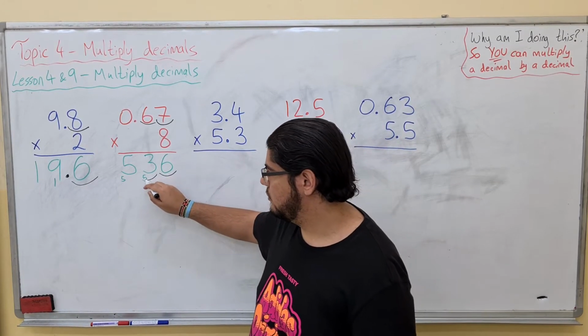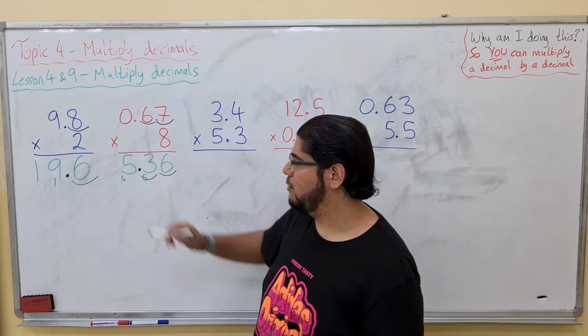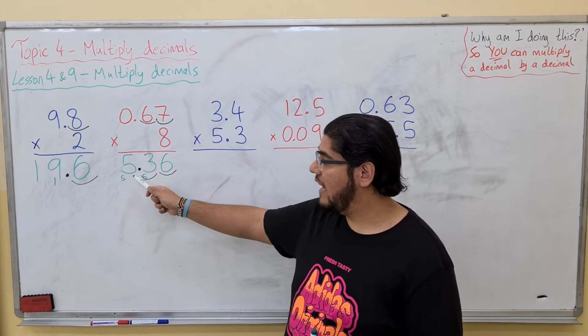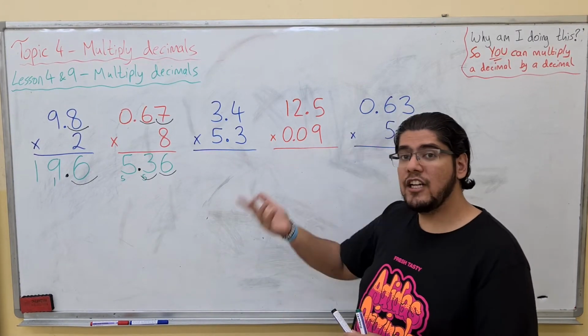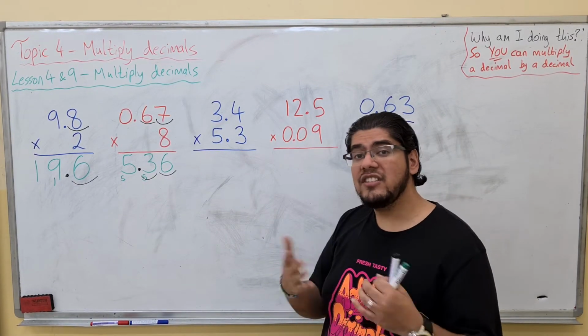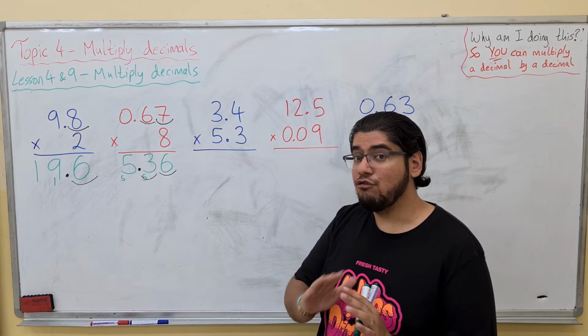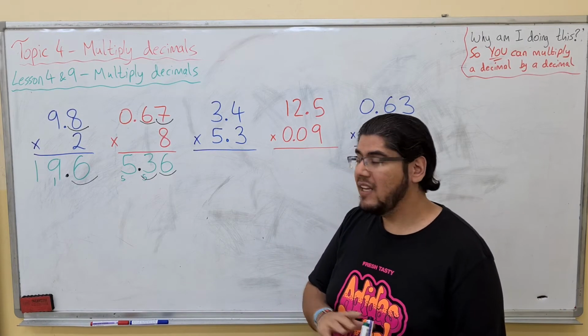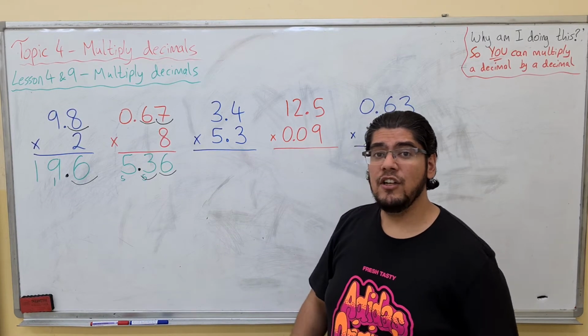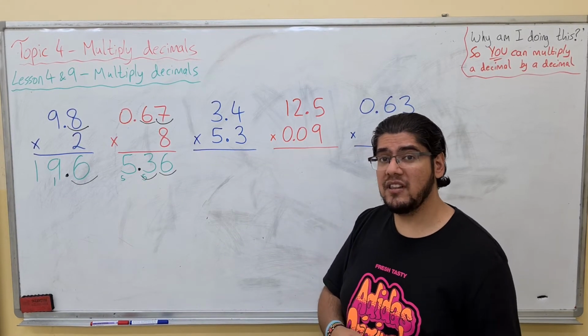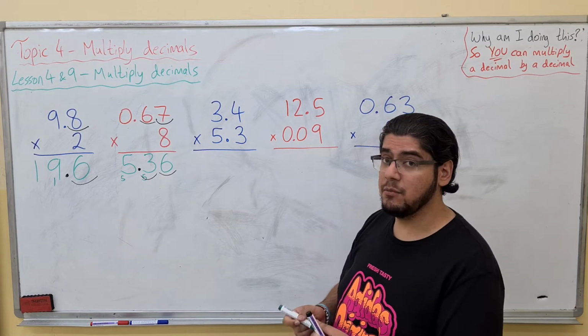So 1, 2, and then put the decimal point. So the answer is 5.36. Okay? Now let's move on to the next example. So you see guys, this is just regular multiplication, and then we're counting decimal places at the end. That's all it is. So this is almost the same as topic 3, just multiplying regular numbers.